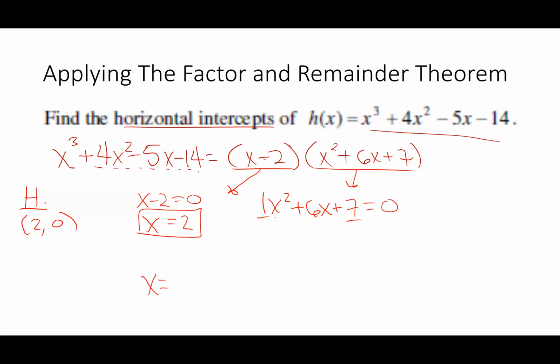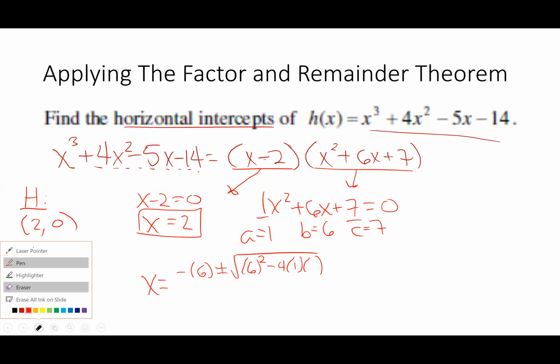x equals, remember that a is 1, b is 6, and c is 7. Negative b plus or minus the square root of b squared minus 4ac. I should be very clear here. It looks like I wrote a 2 when I actually meant a 7.